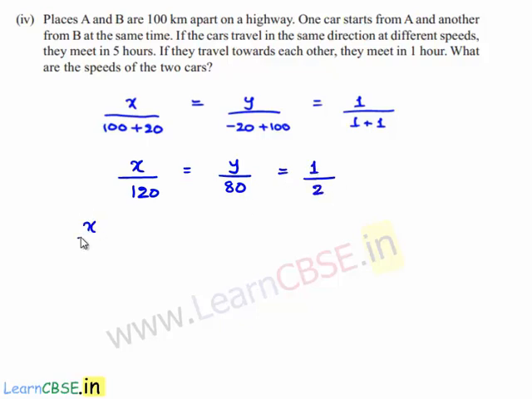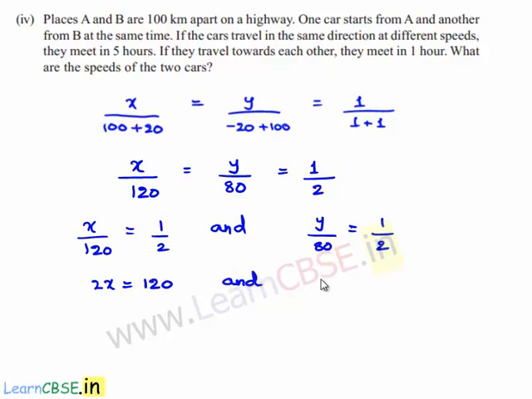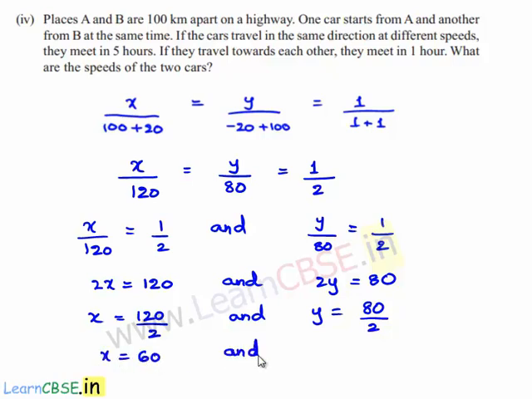So we can write x by 120 is equal to 1 by 2 and y by 80 is equal to 1 by 2. By cross multiplication, 2x is equal to 120 and 2y is equal to 80. x can be written as 120 divided by 2 and y as 80 divided by 2. So x is equal to 60 and y is equal to 40.